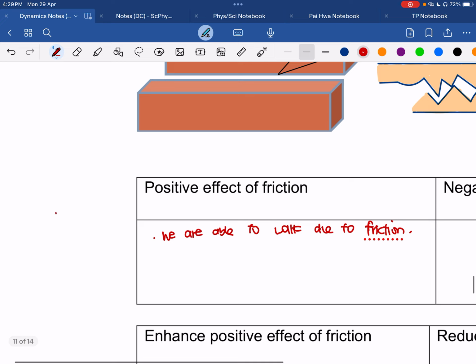If you recall from the Newton's third law example that I gave in class, for us to be able to move forward, the shoe will have to slide on the floor backwards.